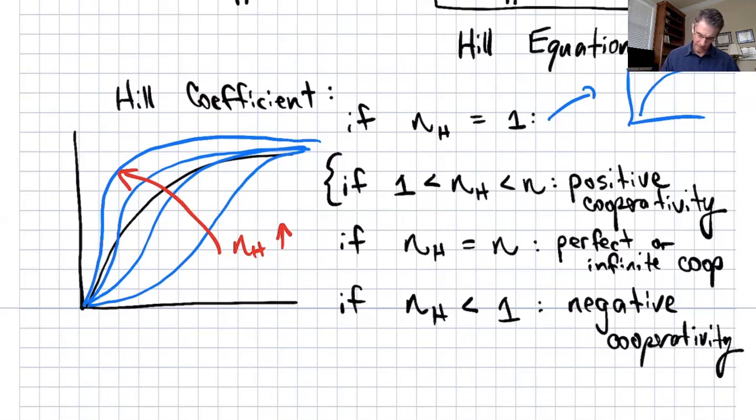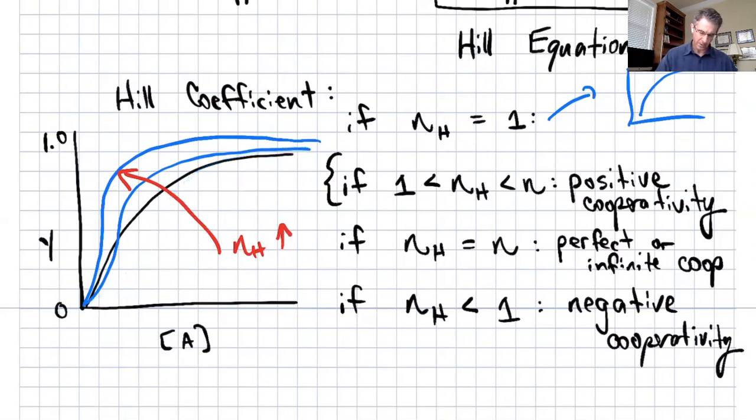So if this was fractional saturation, from 0 to 1, and here's our ligand concentration, as the Hill coefficient goes up, it requires a smaller and smaller change of the ligand concentration to get you to saturation.